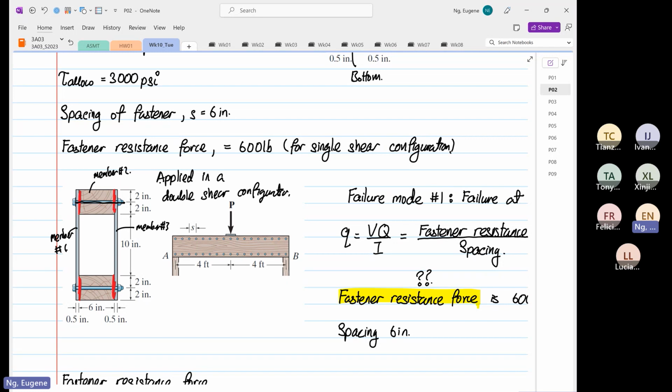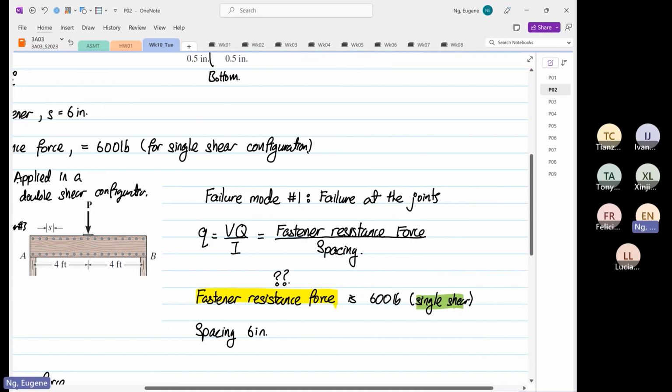Okay, but the experiment to test the resistance force is only done in single shear. So what must be done over here? I'll tell you. Let's look at mode 1 failure first, which is failure at the joints. What is given is the fastener resistance is 600 pounds, and the spacing is 6 inches.